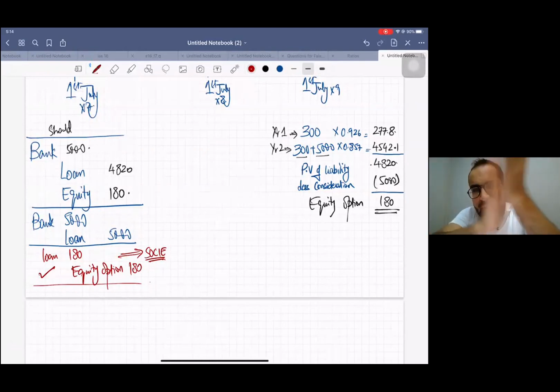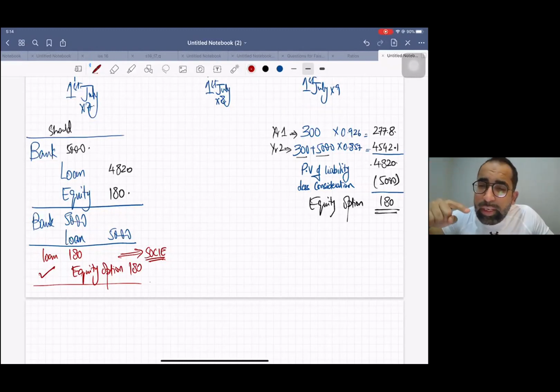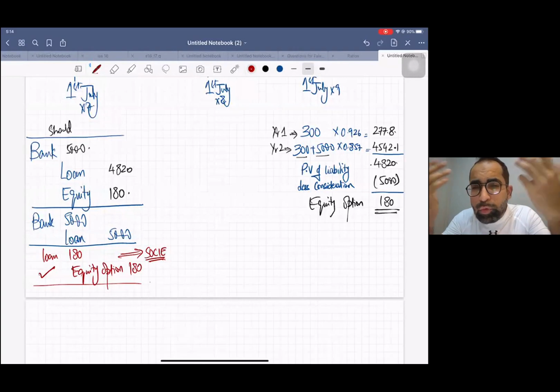Through discounting. So whatever rate is used for discounting, the same rate is used for unwinding.